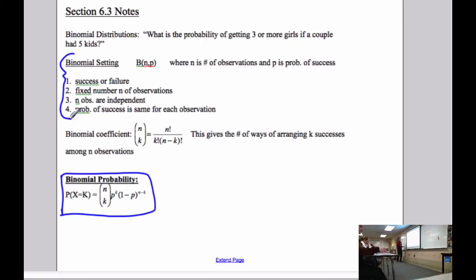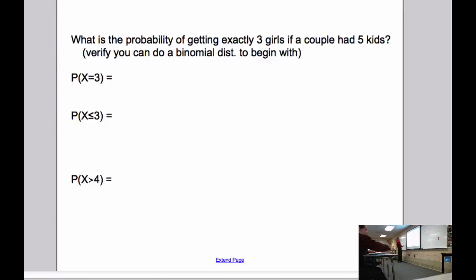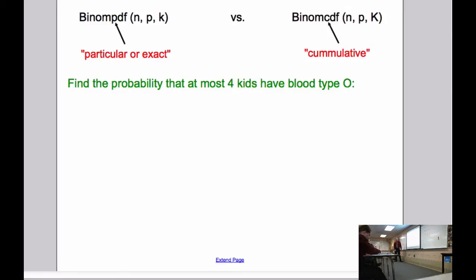All right, so this is where you want to learn the calculator, okay? 2 things, and this should be on your sheet. It's about the middle of the front page. Binomial Pdf versus binomial CDF.